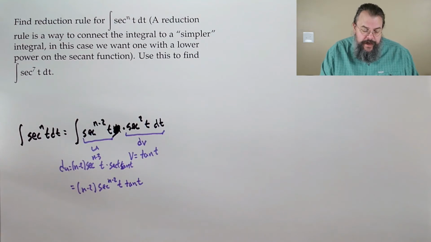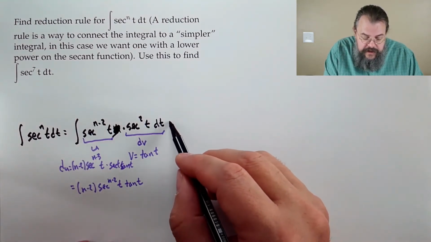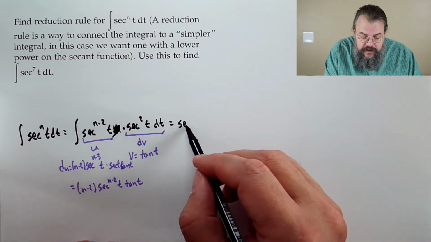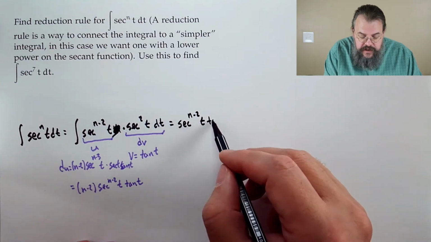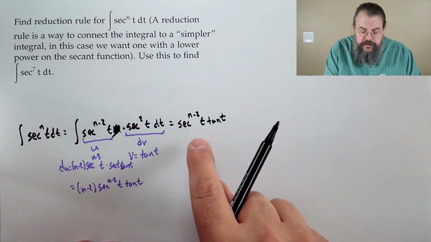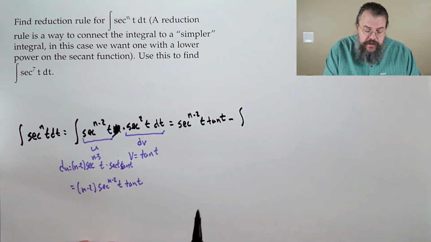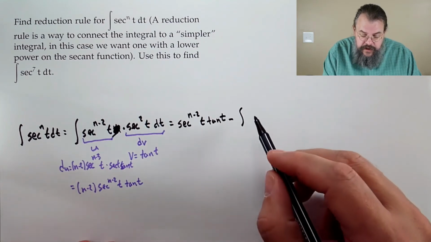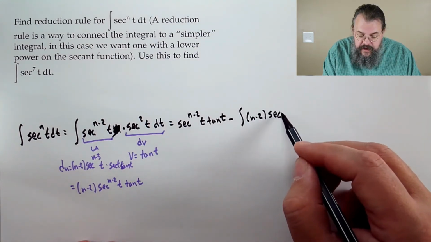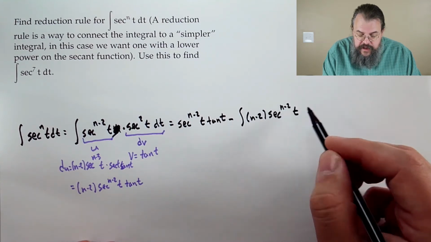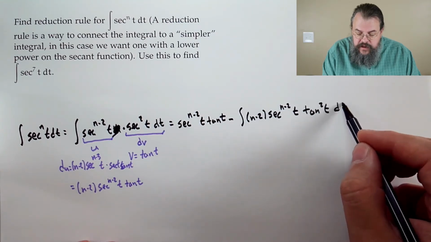So what do we have? We have uv. So that is secant to the power n minus 2 times tangent t, uv, minus the integral v du. Well, so that'll be n minus 2. Then there's going to be a secant to the power n minus 2 t, and tangent times tangent makes tangent squared t.